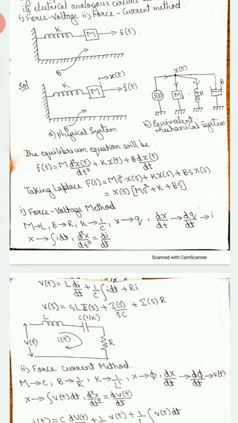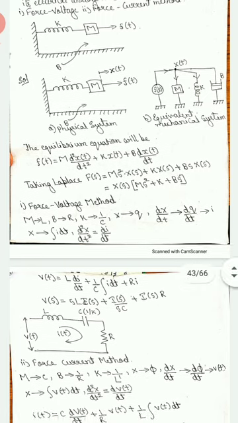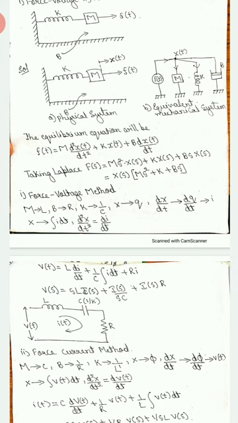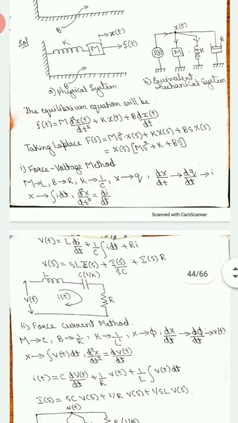X is replaced by Q, and dx by dt is replaced by dq by dt, or I, because here we have charge. X is replaced by integration of I into dt, and d square x divided by dt square is replaced by di by dt.